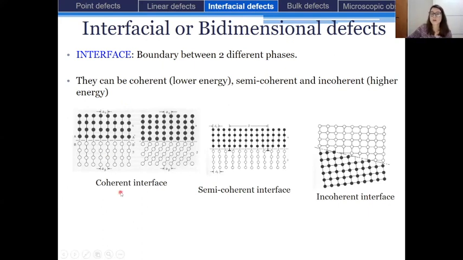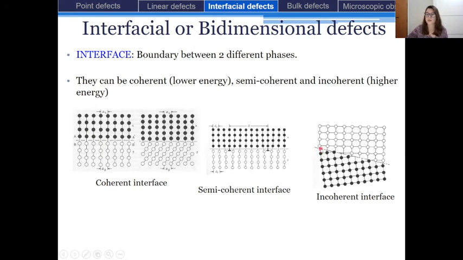So in the case of a coherent interface, we have a continuity of the organization of the atoms through this interface. As you can see, in that case, it is quite organized at this interface, so it is an interface of low energy, whereas the extreme case is the incoherent interface, in which there is a large defect.